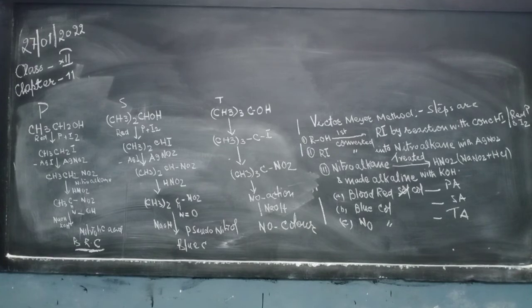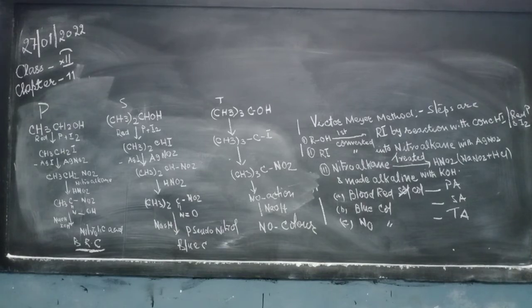In the third step, nitroalkane is treated with nitrous acid and the resultant solution is made alkaline with KOH or sodium hydroxide. If blood red color appears, it indicates primary alcohol. If blue color appears, it indicates secondary alcohol. And lastly, if there is no color, the given alcohol is tertiary.